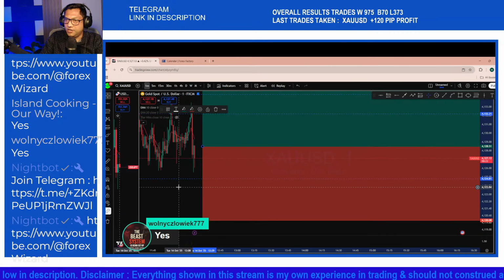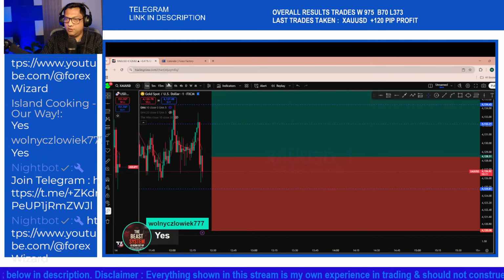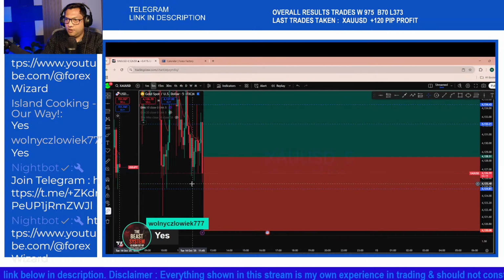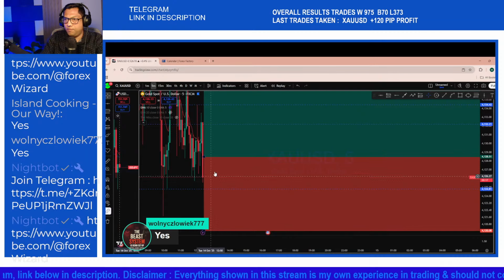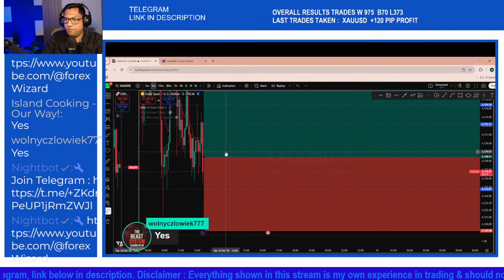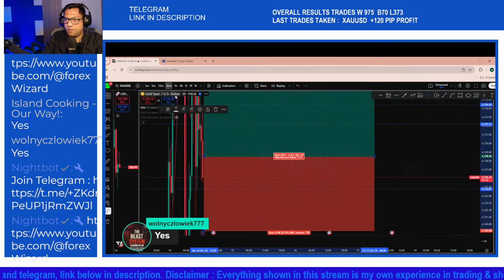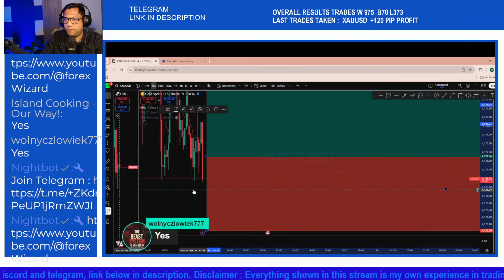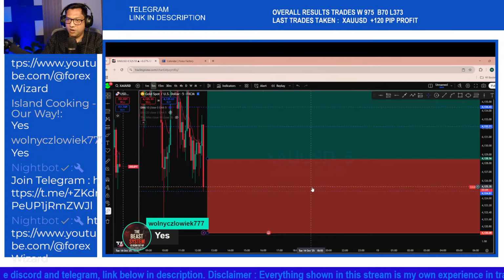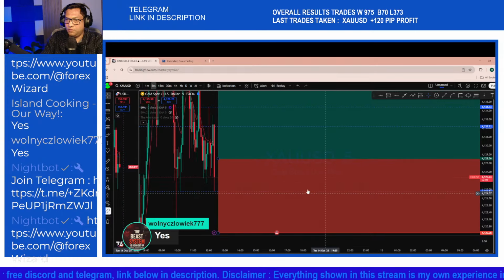Price failed to create a new higher high, but we will see where it's a pretty sharp breakdown, and it's almost to the support level.